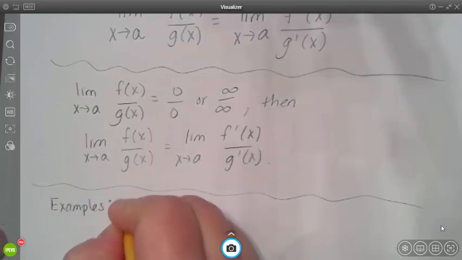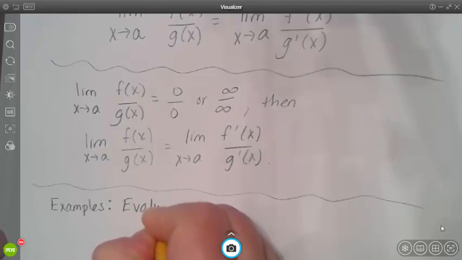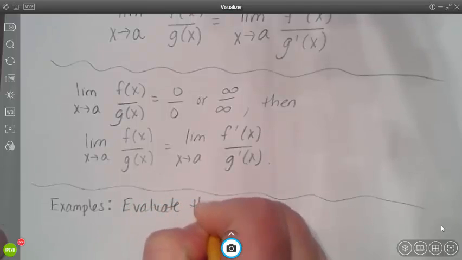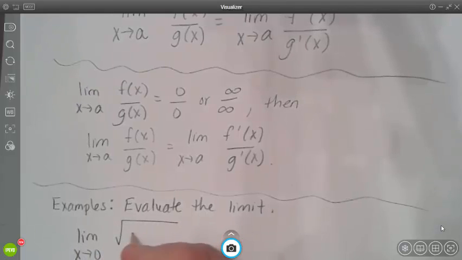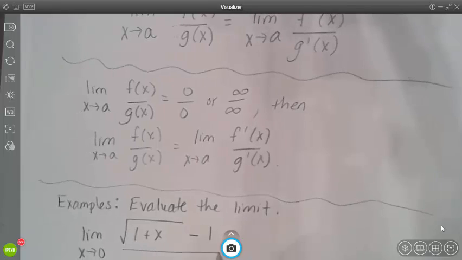Okay, so we're going to evaluate the limit. Let's say we have the limit as x approaches 0 of the square root of 1 plus x, minus 1, over x.